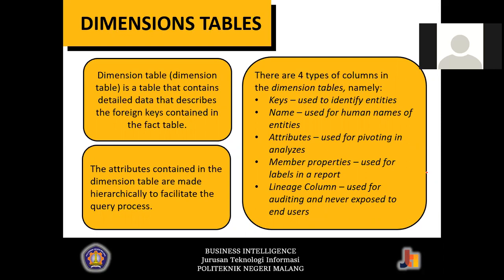There are 5 types of columns in the dimension table, namely the key or the primary key, and then the name of the key, to be used for human names of the entities, and then the attributes, where we use this attribute for labeling or to analyze for pivoting, and then the member properties, which are used to label in a report, and the last one is called the lineage column. Similar to the lineage column from the fact table, it is only used for the auditing process and will never be exposed to the user.